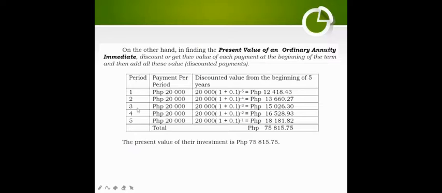For the period of 5 years, the payment per period is 20,000, discounted to the beginning of the 5 years. So you have 20,000 times 1 plus 0.1 raised to negative 5, that is equivalent to 12,418.43.